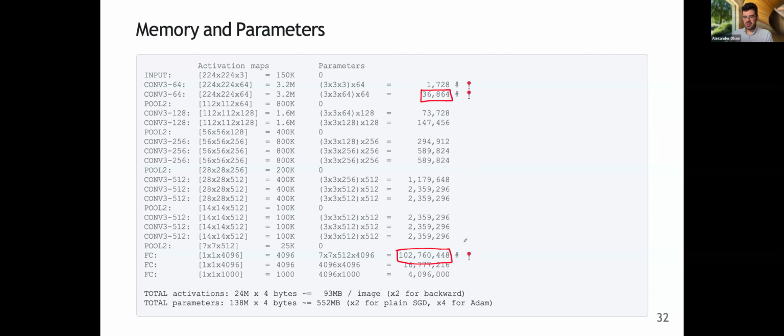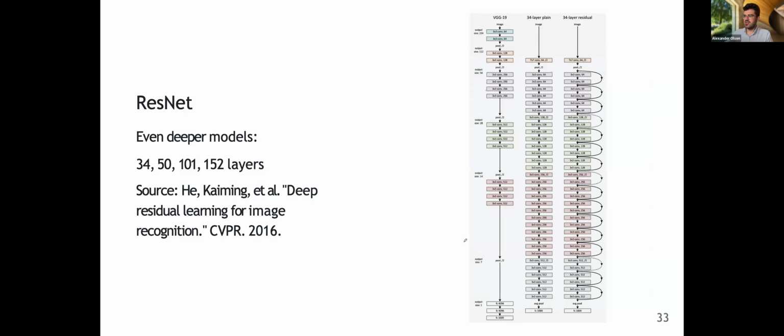Okay, so at this point in 2014, people are interested in how deep can we make these networks? How many layers can we keep stacking on top of each other in order to do it? And so, the next big publication is ResNet, 2016 now. And so this is VGG that I just talked about on the previous slide.